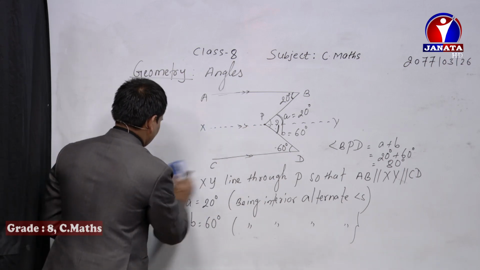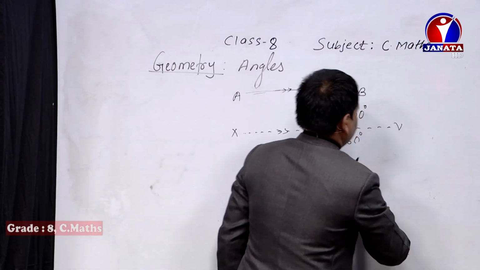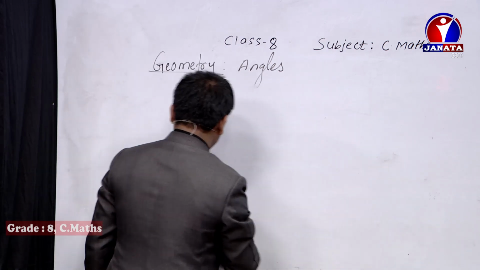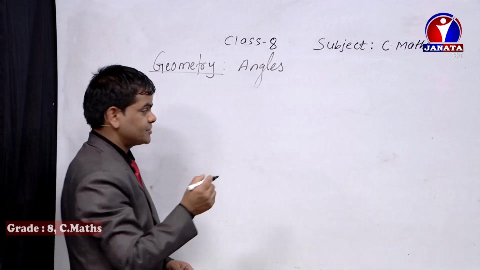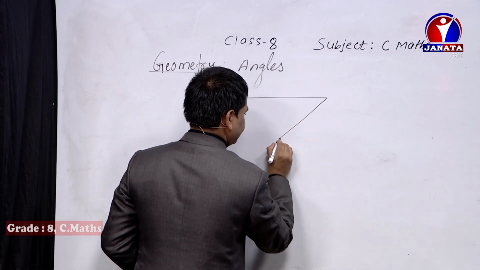Now let's take another one. One question I will present to you so that you will do it at home after completion of this period, dear student. It is a task to be done by you. I am going to present a similar question.